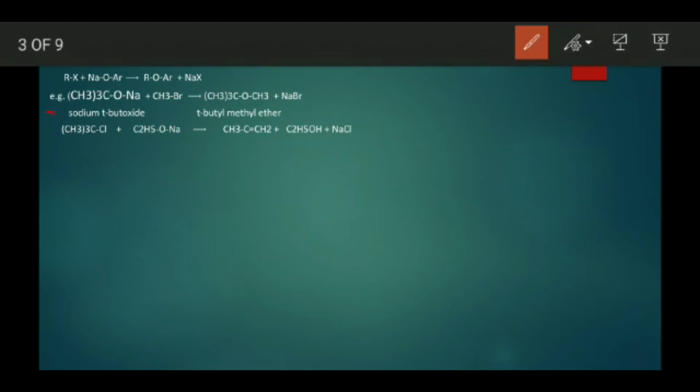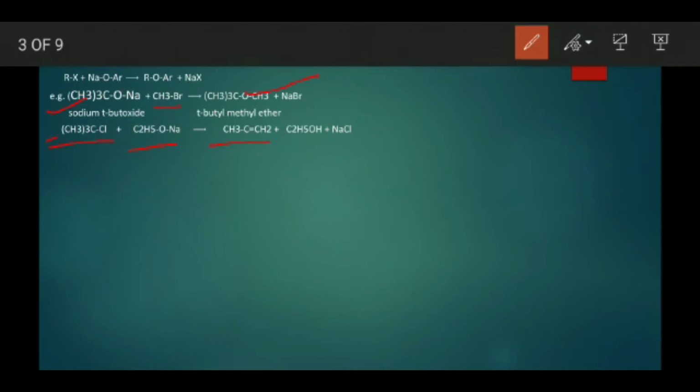What is the important part in this reaction? When we are discussing Williamson synthesis, especially in formation of a branched ether, our sodium alkoxide should be tertiary and alkyl halide should be primary. When alkyl halide is tertiary and sodium alkoxide is primary, then it gives alkene, not ether.